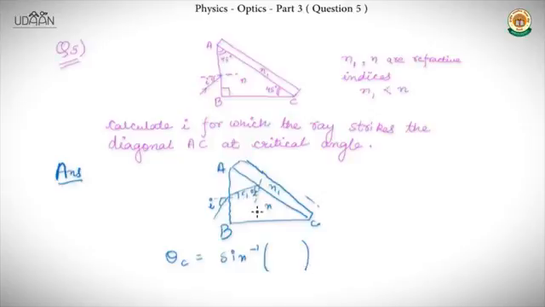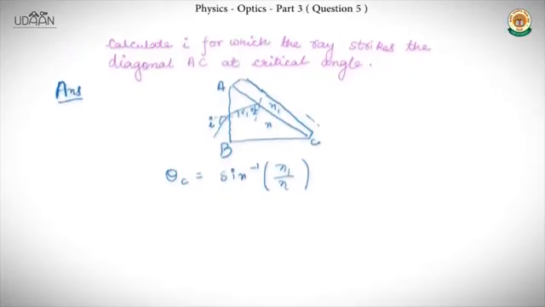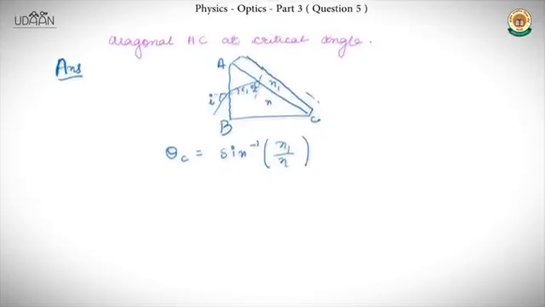In this case, the critical angle is equal to sine inverse of n1 by n. So remember which refractive index you have to keep in the numerator and which in the denominator. So from the question and from our solution we could say that r2 is equal to the critical angle.